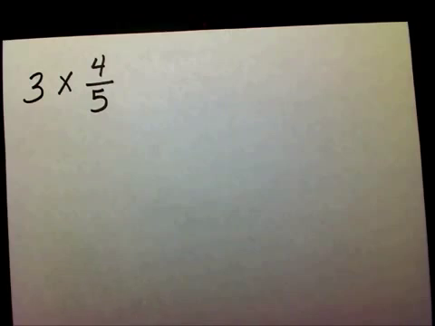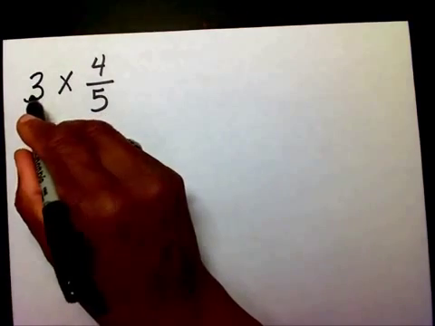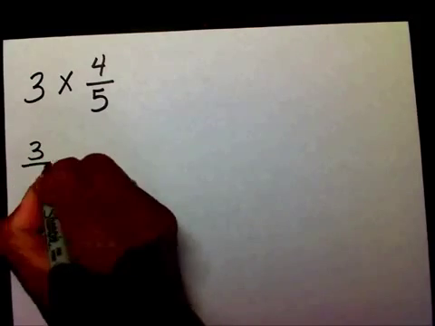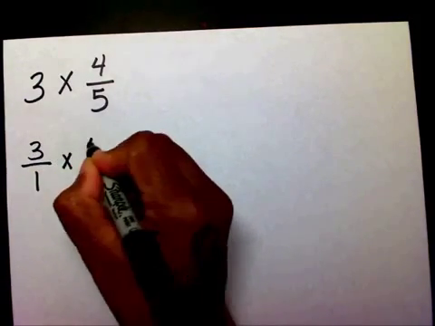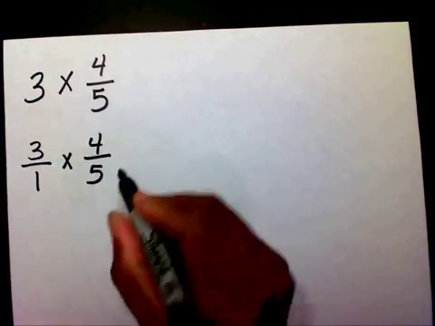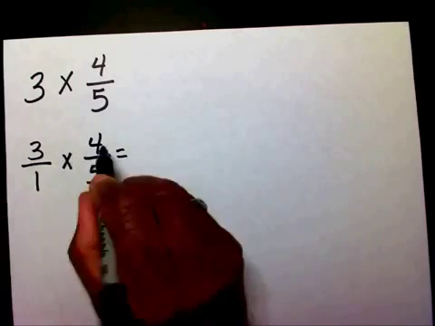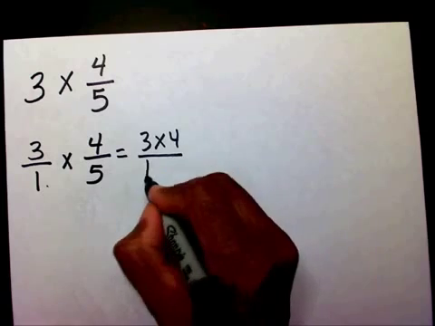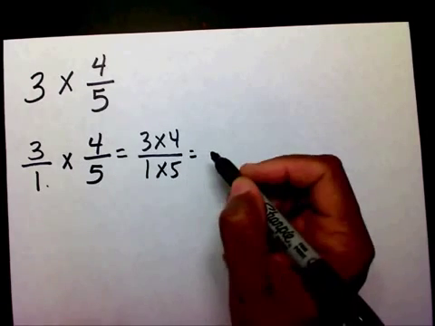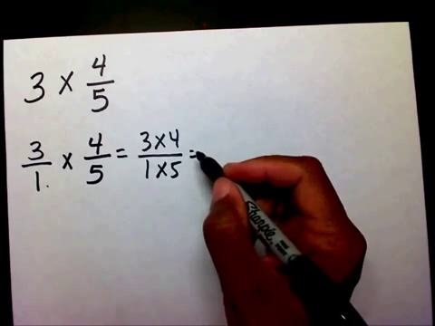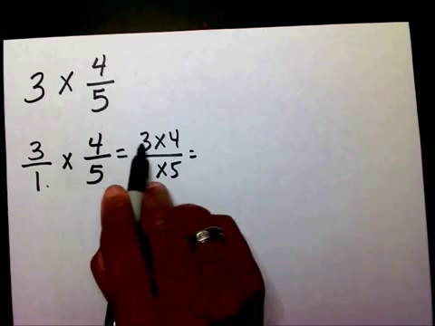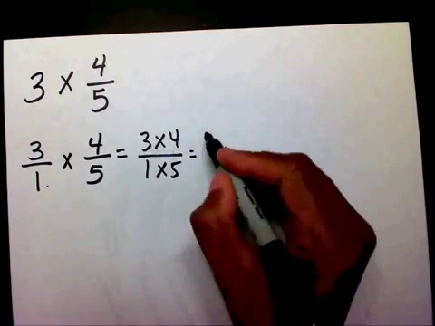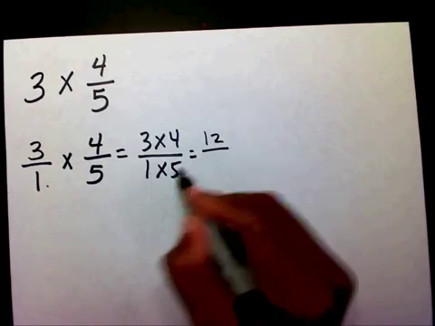Alright, we need to change this whole number into a fraction, so that's going to be 3/1 times 4/5. I'm going to multiply across 3 times 4 and 1 times 5. Okay, I multiply my numerators and I multiply my denominators. 3 times 4 is 12. 1 times 5 is 5.